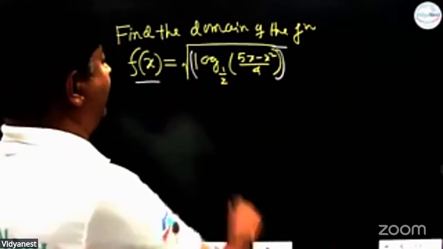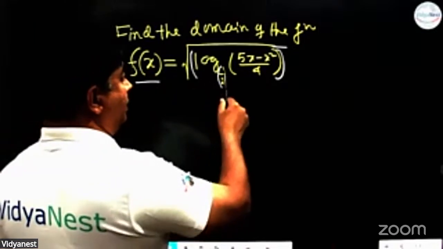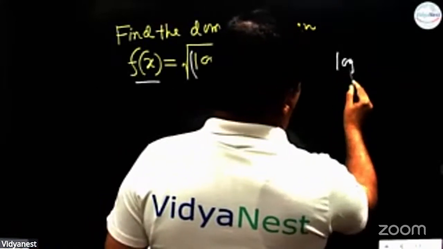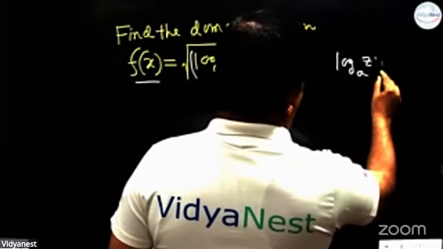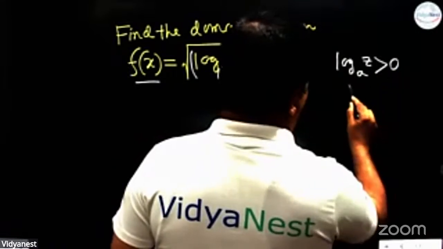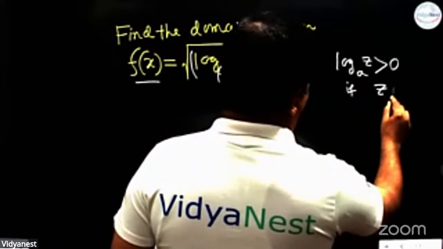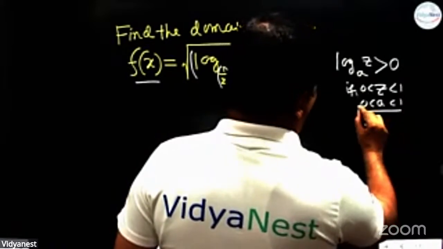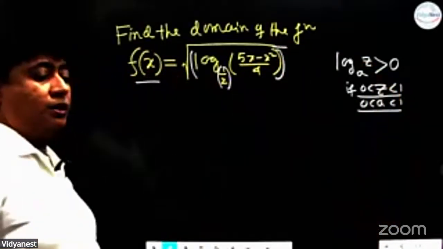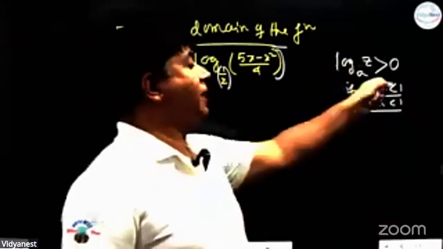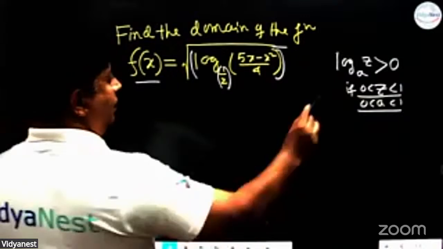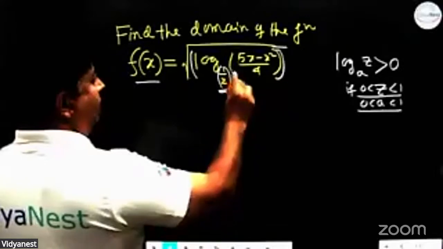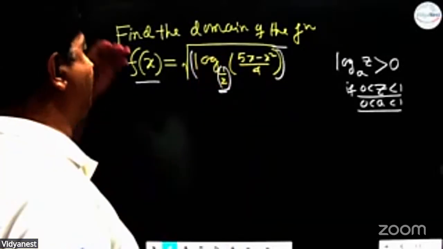Now, here you have seen the base is half, and a few minutes back we have discussed this property: log of z to the base a is greater than 0, if that condition is satisfied, meaning the base is a proper fraction and the exponent z is also a proper fraction. So here in place of a we have half, and in place of z we have 5x minus x square by 4.